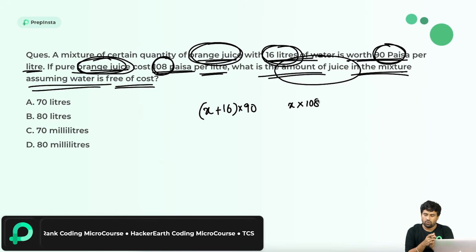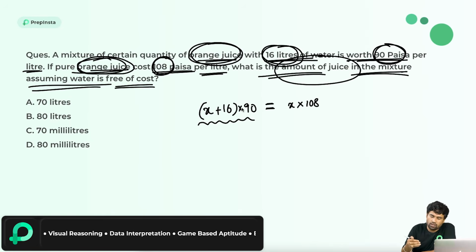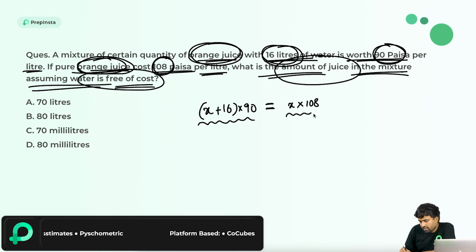Both are different costs, but you increase the quantity, but the amount you get is always the same according to the problem. This is the amount you get after mixing with water. Why? Because water is free of cost and without mixing you are selling pure orange juice. This is the return you will get.